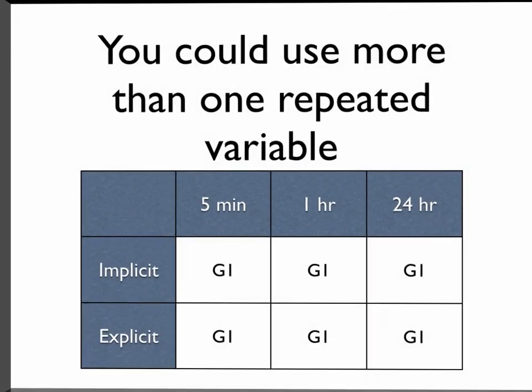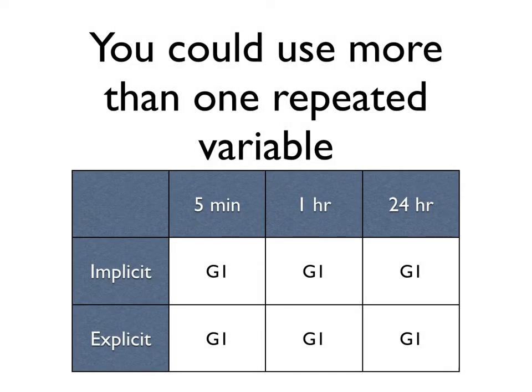It's kind of lame. You could use more than one repeated variable. This should look to people in the lab class vaguely familiar, except we only had 2 retention intervals, not 3, but we had an implicit task and an explicit task. Here we have an implicit task, an explicit task, a 5-minute retention interval, a 1-hour retention interval, 24 hours, and everybody gets every level of everything.